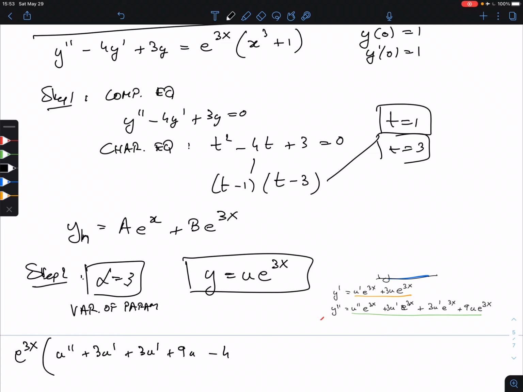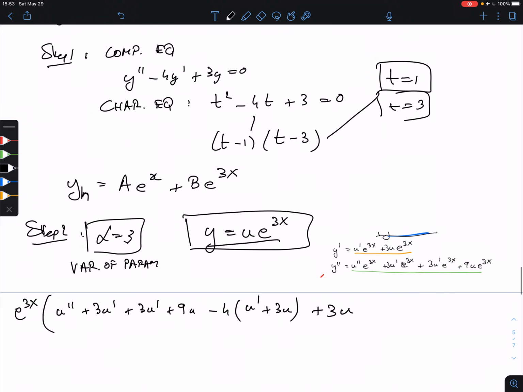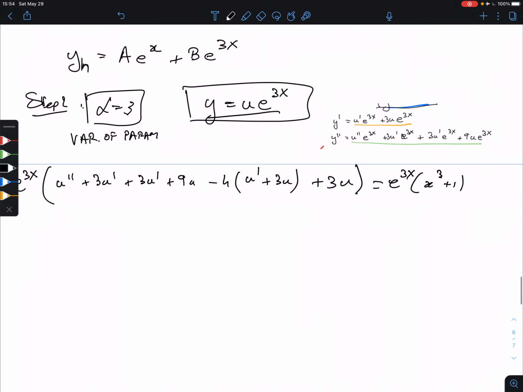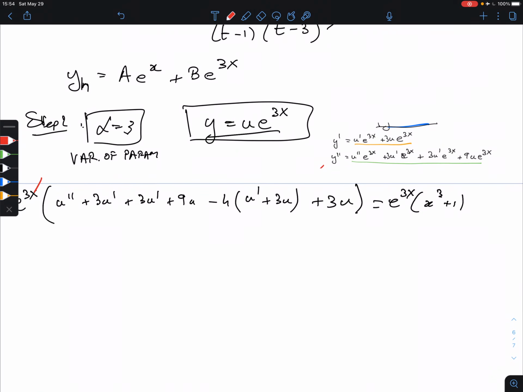Then minus 4 times y prime, that is the orange stuff, that is u prime plus 3u, and then plus 3 times u, y itself, that is just u here, okay? And that is equal to e to the 3x times x cubed plus 1. So the whole point of this is that you get rid of the exponential, and now you get something that involves polynomials, and that's the method of undetermined coefficients.